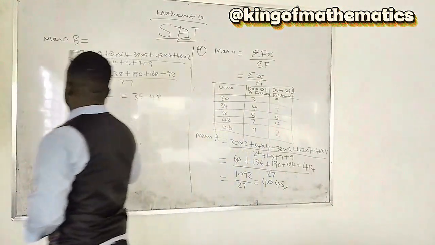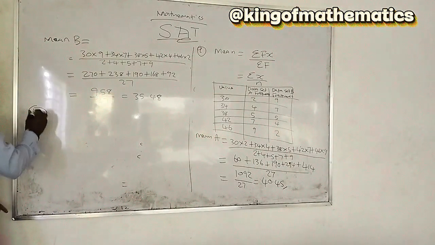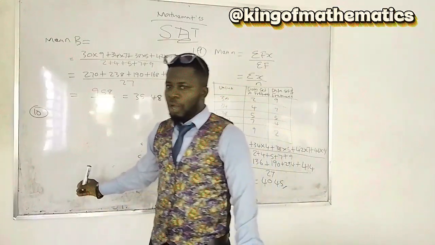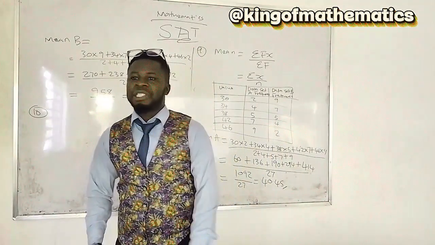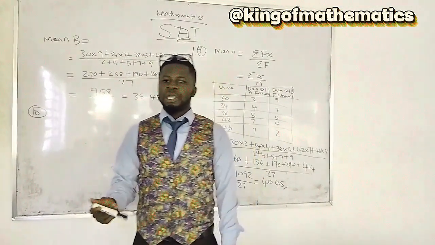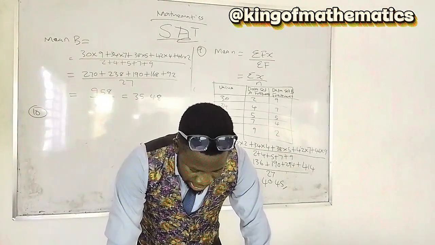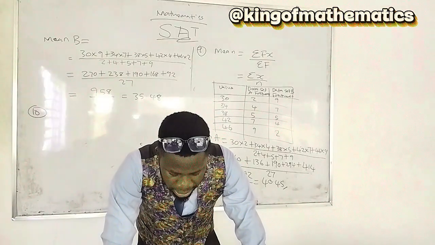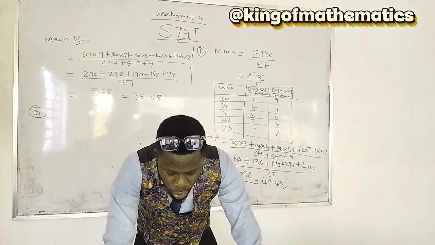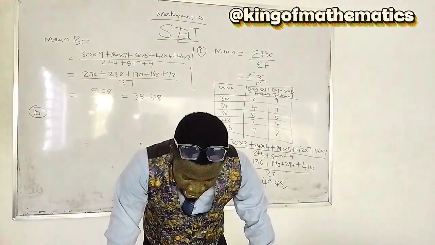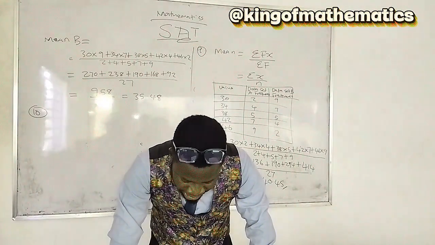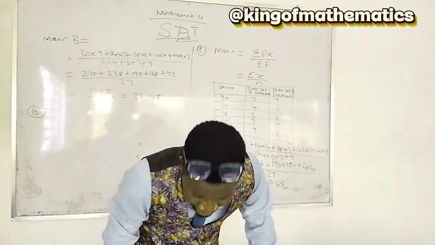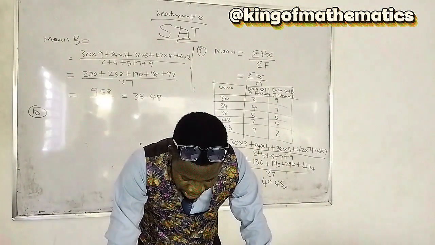Question number 10, alright. Marian, come and solve question number 10 for us. He's talking about similar triangles. And he says that triangle XYZ is similar to triangle RST such that X, Y, Z correspond to R, S, T respectively.